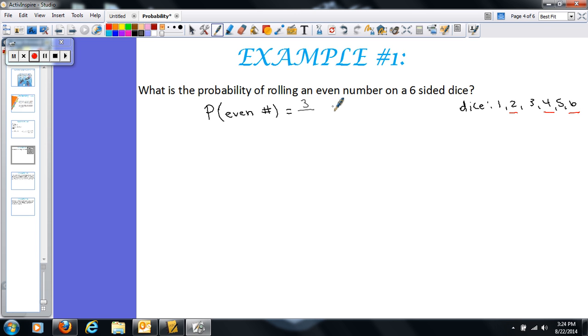There's 3, because there's 2, 4, and 6. And how many total possible outcomes do I have? Well, I have 1, 2, 3, 4, 5, 6. I have 6 possible outcomes. So this says that the probability of rolling an even number is going to be 3 over 6, which I would simplify to 1/2. And that would be the probability of rolling an even number on a 6-sided dice.